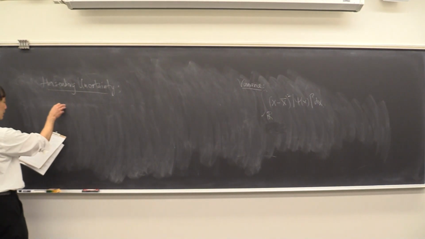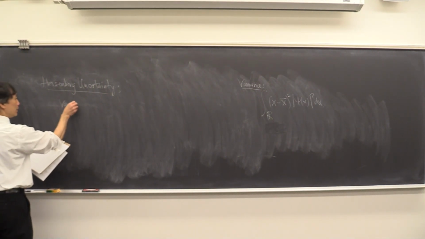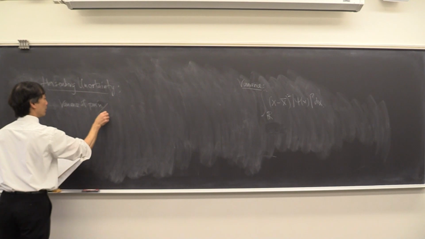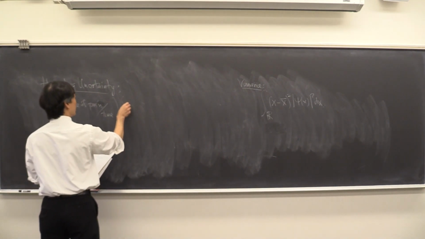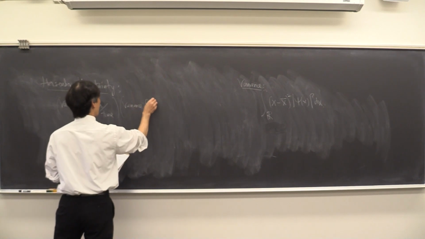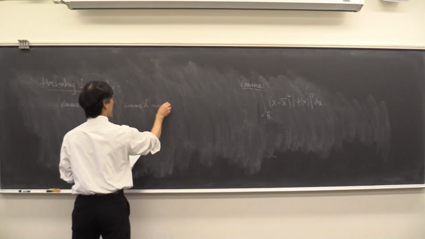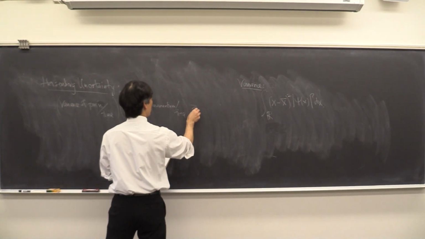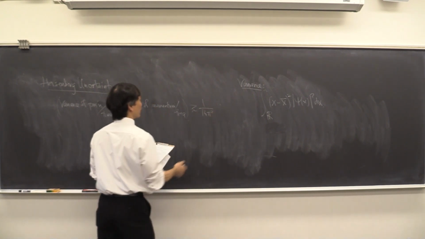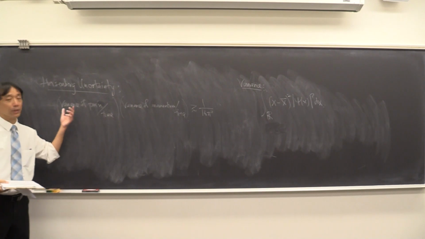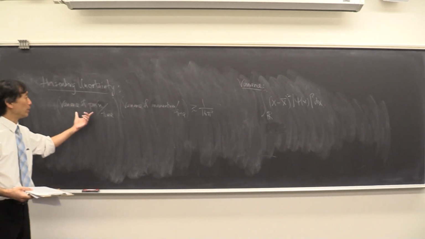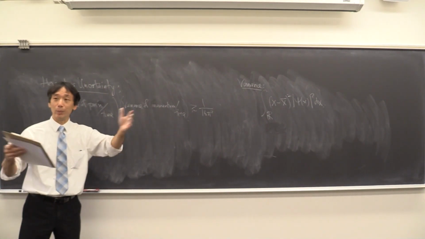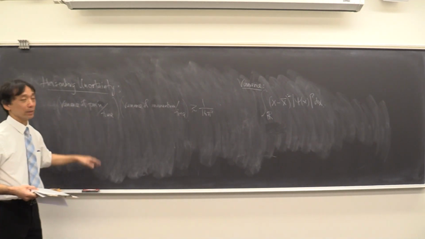So properly speaking, the variance of the position slash time times the variance of the momentum slash frequency is always bigger than some constant. So if you know the position very precisely, then the variance of the momentum must be great, and similarly for time and frequency.